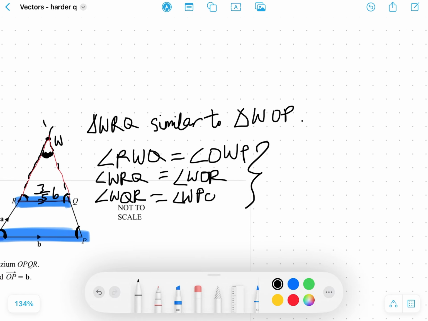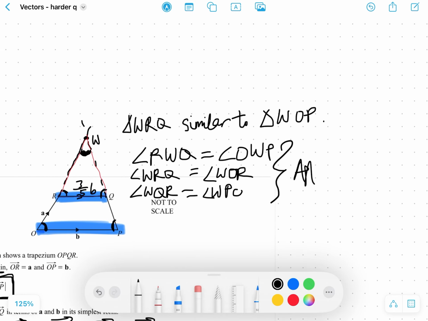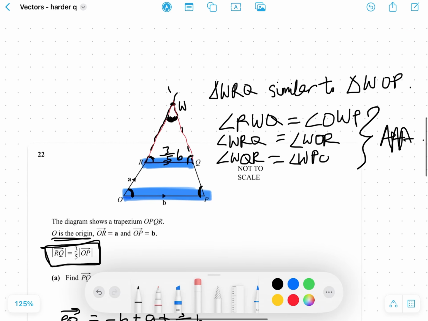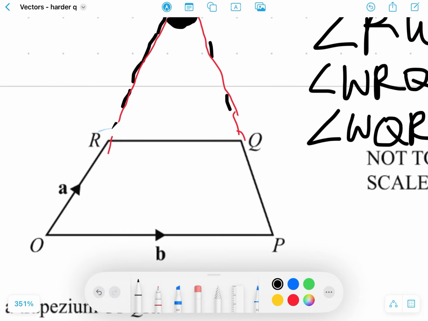So this is proving similarity by angle, angle, angle. So now we can work with that information. So the scale factor is, well, we know that R to Q is 3 over 5b.